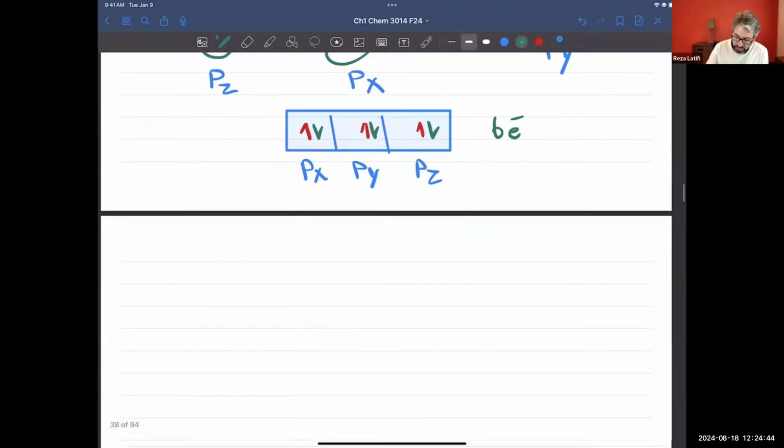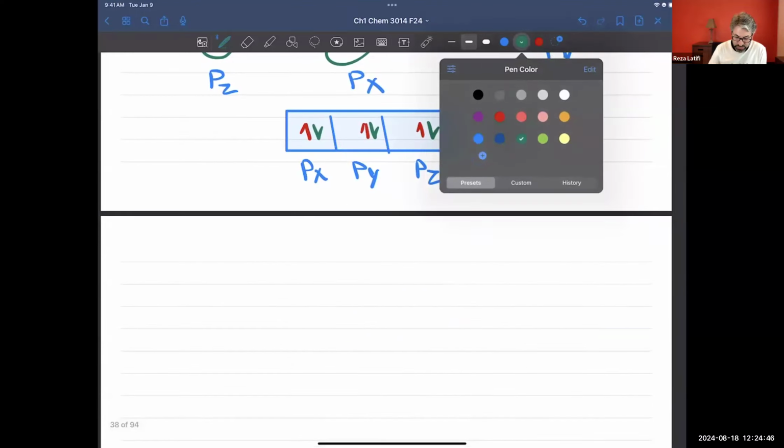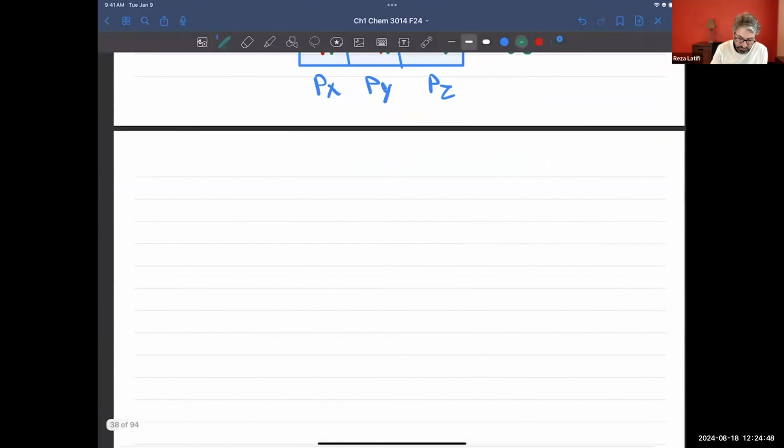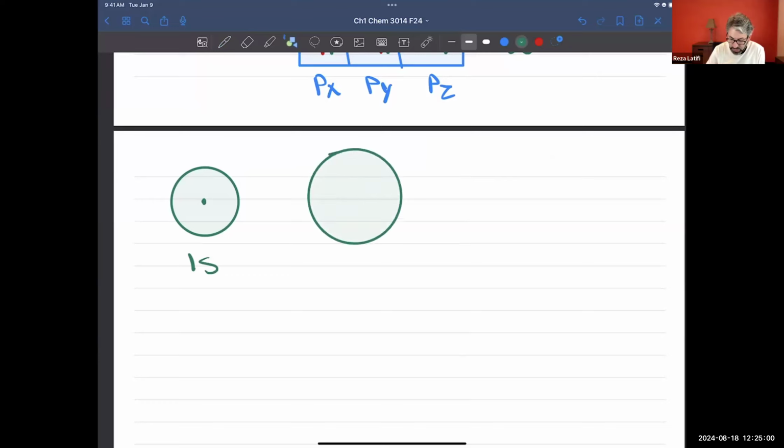Okay. How about the s orbital? S orbital is a spherical orbital. Always it will be spherical. Okay, so if this one is the 1s orbital, the 2s orbital is going to be a bit bigger, and that's going to be 3s orbital.